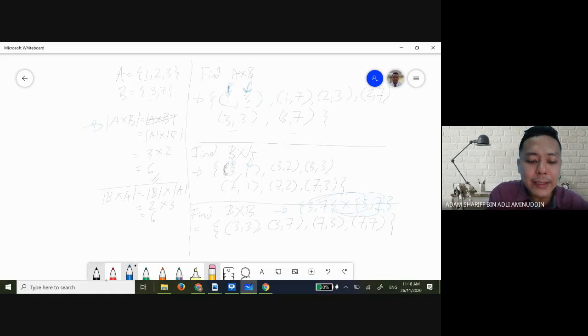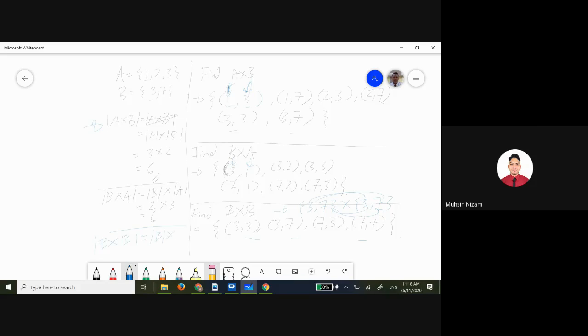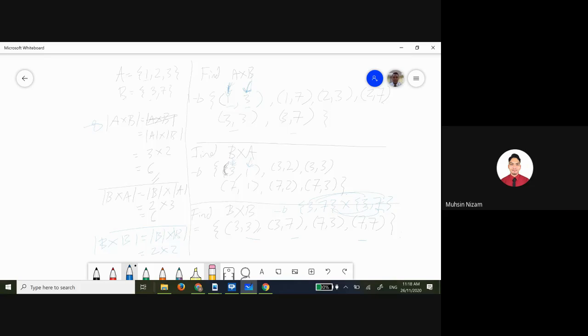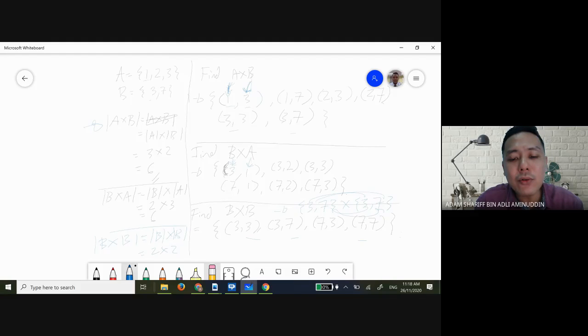B times B, ada berapa? Cukup ke elemen saya ni? Cukup. Sebab 2 kali 2, 4. Paling cukup, paling minimum 4, and make sure it is distinct. Alright.